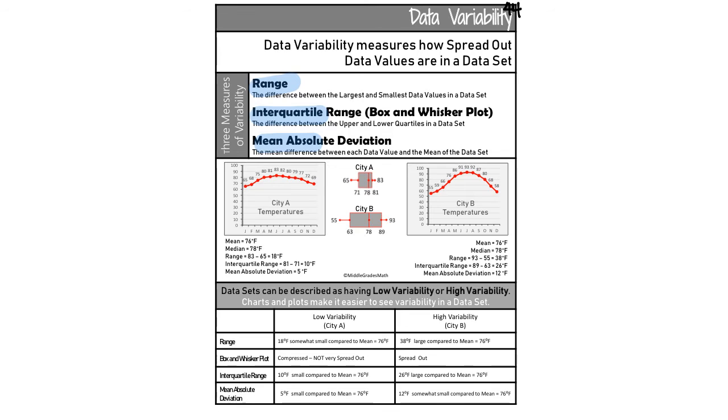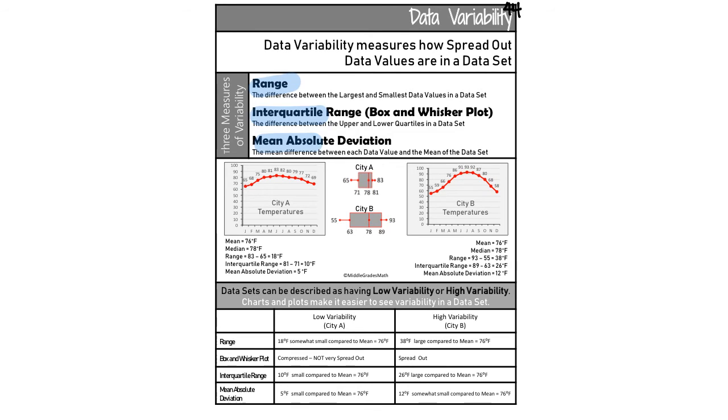If you look at the stuff for city A, it has not very much variability. The range of 18 is somewhat small compared to the mean, which was 76. The box and whisker plot, it's compressed. It's not very spread out, meaning the data are all close together.